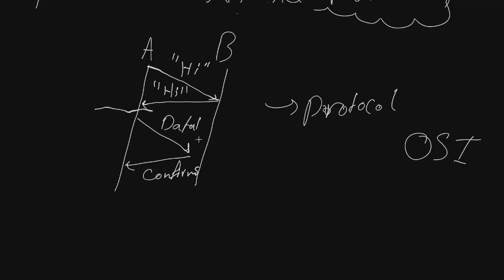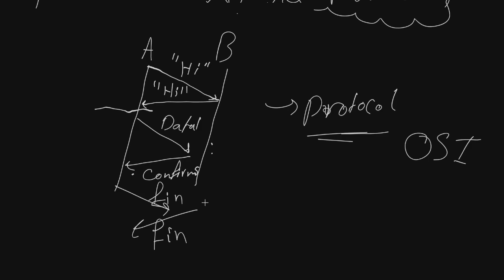After that, he sends the data, and B confirms the data was received. All of this is a type of protocol, a set of rules: we should handshake, then when we finish, A says finish, are you finished? B says yes, I'm finished. That is a protocol. That's what defines a protocol.